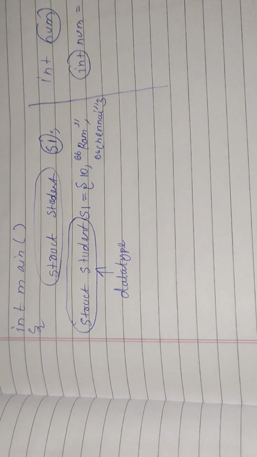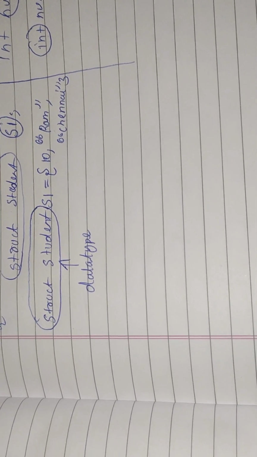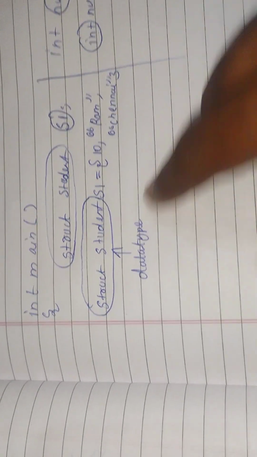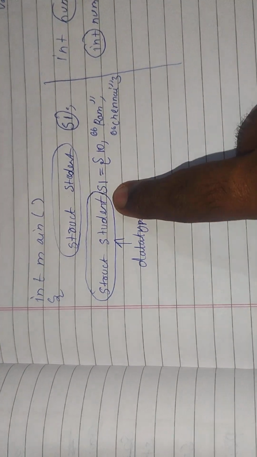So this is separate. This consists of these data members, and that consists of different data members. To indicate that, we use names like this. Understand, right? Okay.